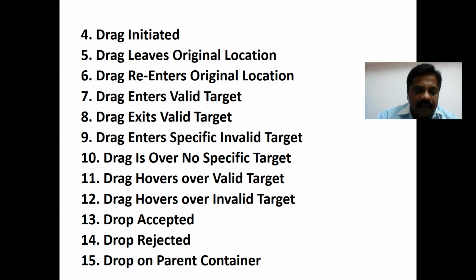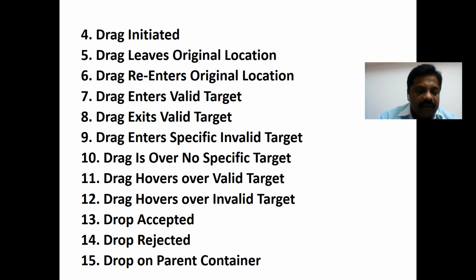Next, drag hovers over valid target. That means if you reach the proper place, then it is called over valid target. Drag hovers over invalid target. If it is an invalid position, it will show like that. Drop accepted. Once you reach the valid target, you may drop the dragged object, and the target will accept the object. Next, drop rejected.